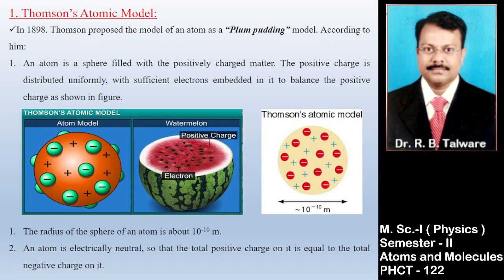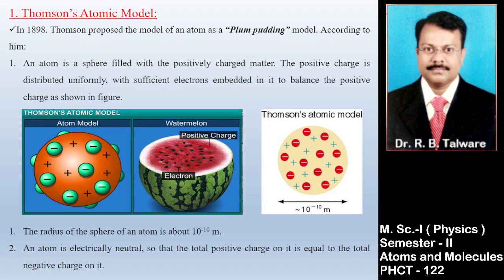Cut the watermelon and look at its structure. The red color shows the positive charge, and the black seeds are the electrons distributed in this manner, just like the Thomson atomic model. The green ones are the negative charges and these are the positive charges, surrounding in the atom, same as the watermelon. This is the Thomson atomic model.